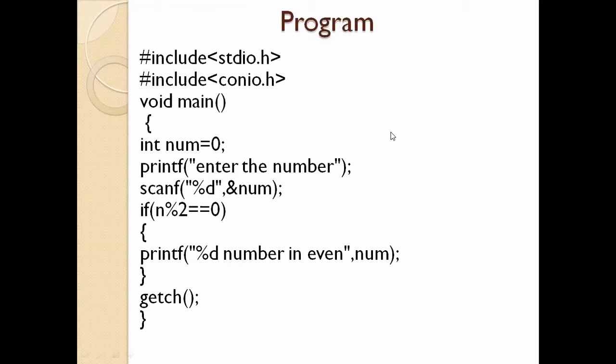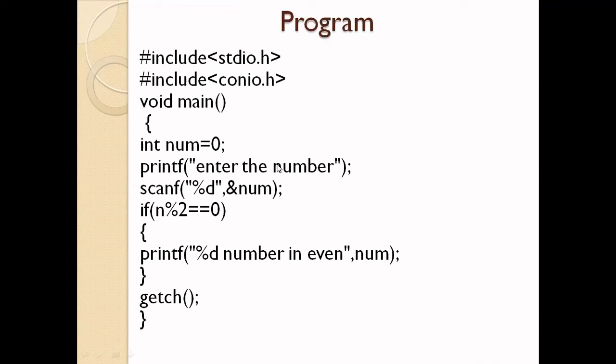Let us see one example program. In this program, I am giving a number, and it will check whether the number is even or not. This is the program. First I include the header files. After that I declare a variable with the integer data type, initially 0.